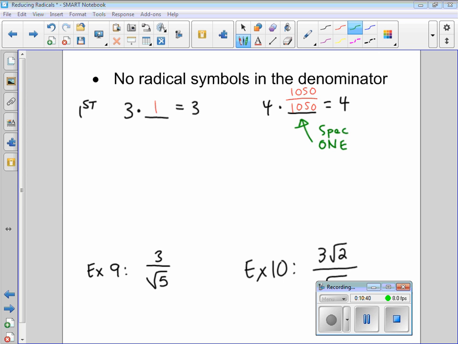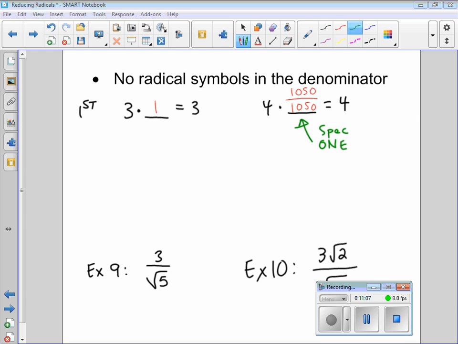It's some random number over the same number, and that will result in 4 being the case. Now, at first, when I multiply it, it won't look like 4 anymore, but once I reduce it down, it turns back into 4, because 4 times 1, in this case a special 1, still equals 4. You have to understand that. Go back and listen to that again if it doesn't make sense before we get into the next exercise.